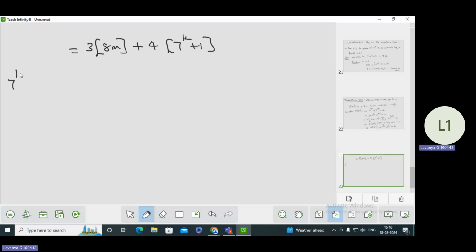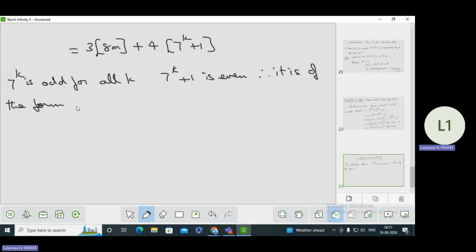Now 7 power k is going to be odd for all k. See, 7 power 1 is 7, 7 squared is 49, and so on. So 7 power k plus 1 is going to be even. Therefore, since it's an even number, you may write it as some 2l, where l belongs to Z plus.